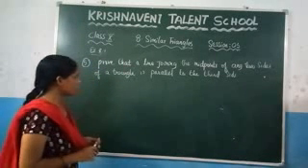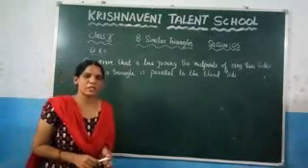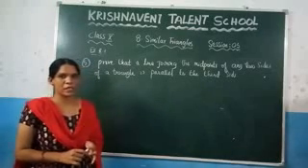Joining the midpoints of any two sides of the triangle is parallel to the third side. And in the question itself, they have specified here you need to use the basic proportionality theorem.